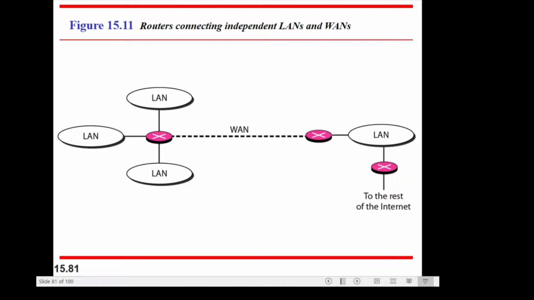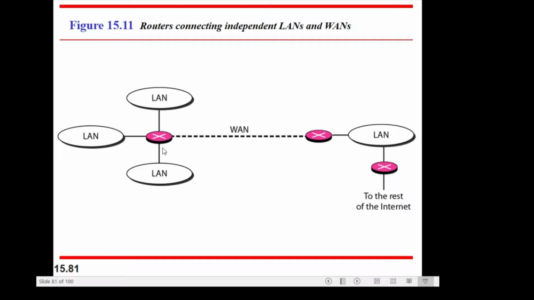This shows you how routers connect independent LANs and WANs. We have a LAN and a LAN here, and these LANs are connected through the WAN. So we need to use the routing table, we need to use the router.